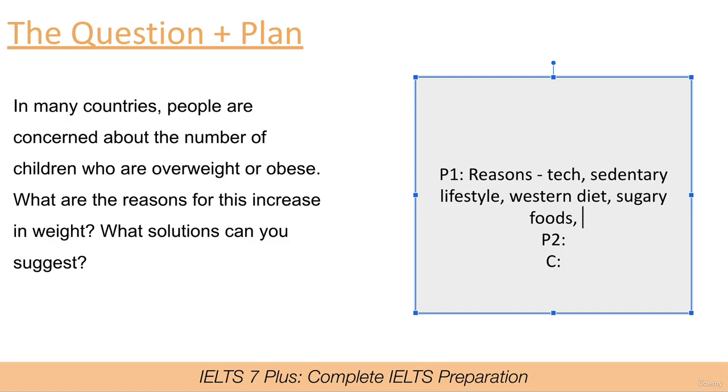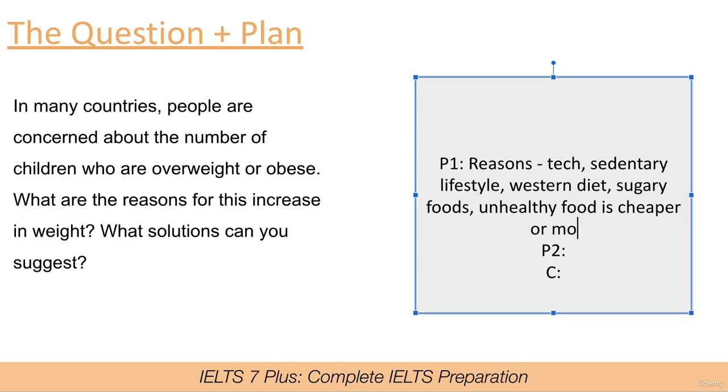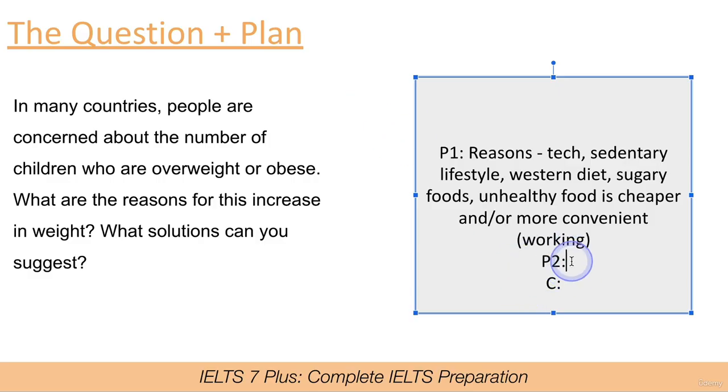And another reason, so we're doing multiple reasons here, is that unhealthy food is cheaper or more convenient. So we can link this with the fact that more people are working.